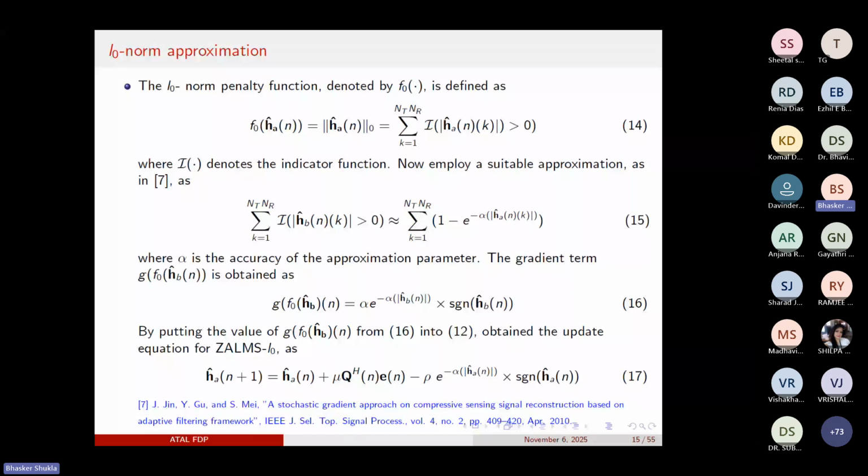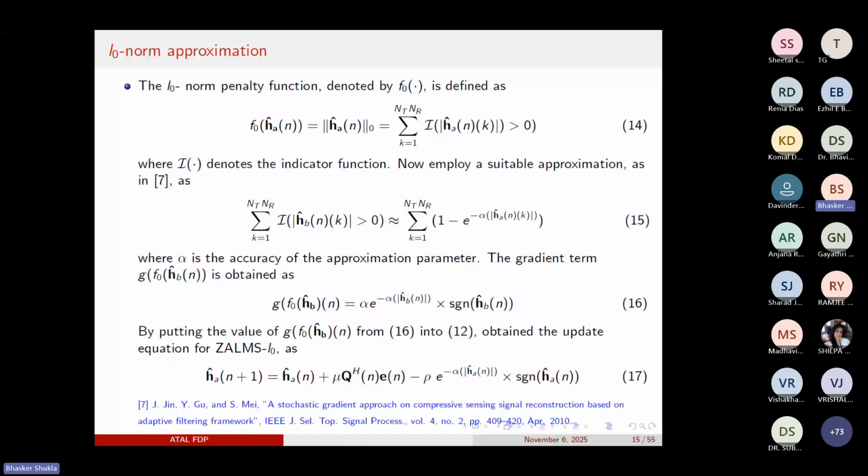Because, as we know, the L0 norm is non-convex, to make the problem convex I have taken a suitable approximation, where the L0 norm is given by this formula. After the approximation, we can easily apply the gradient term, and on the basis of that we can find the update equation.